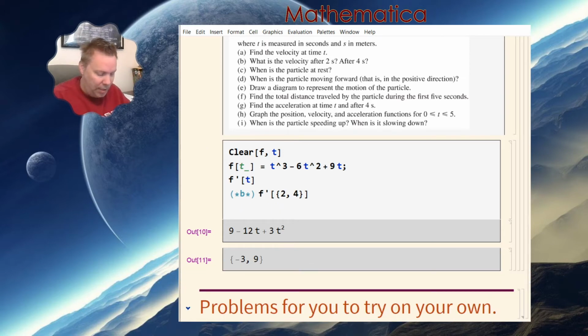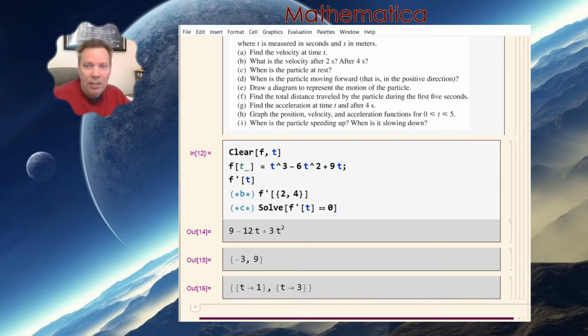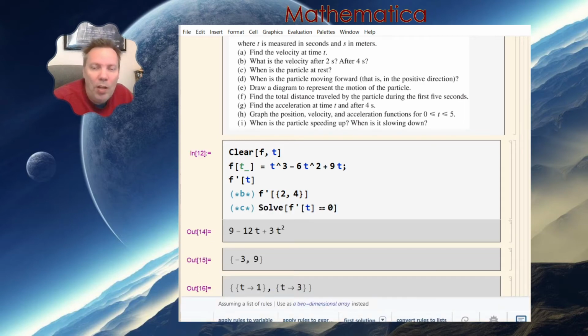So part C, if I put a little comment in here again, I want to solve, if I can spell solve correctly, where the derivative double equals 0. So that's going to give me t equals 1 and t equals 3. So it actually stops twice in this problem.